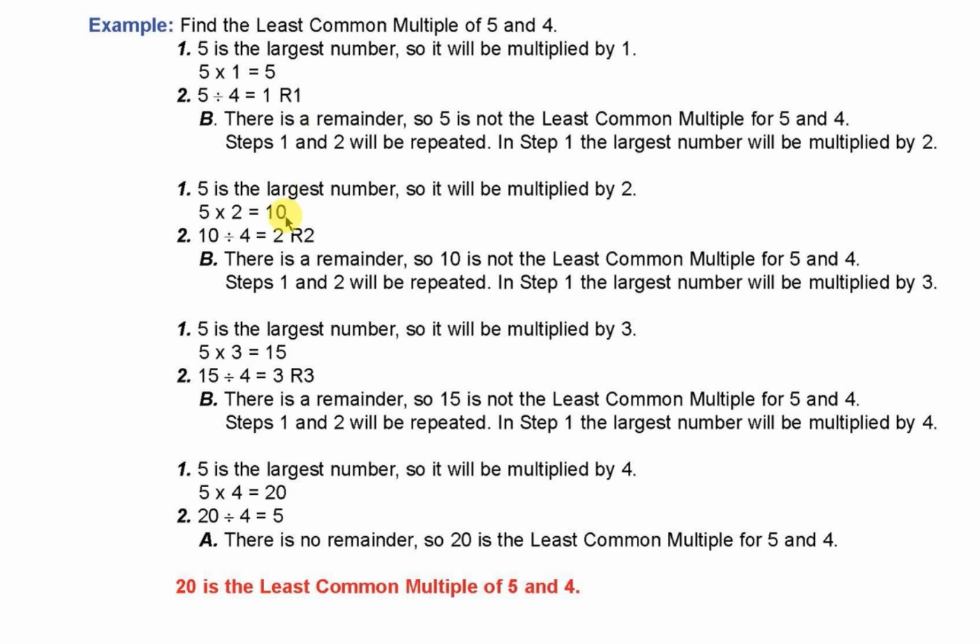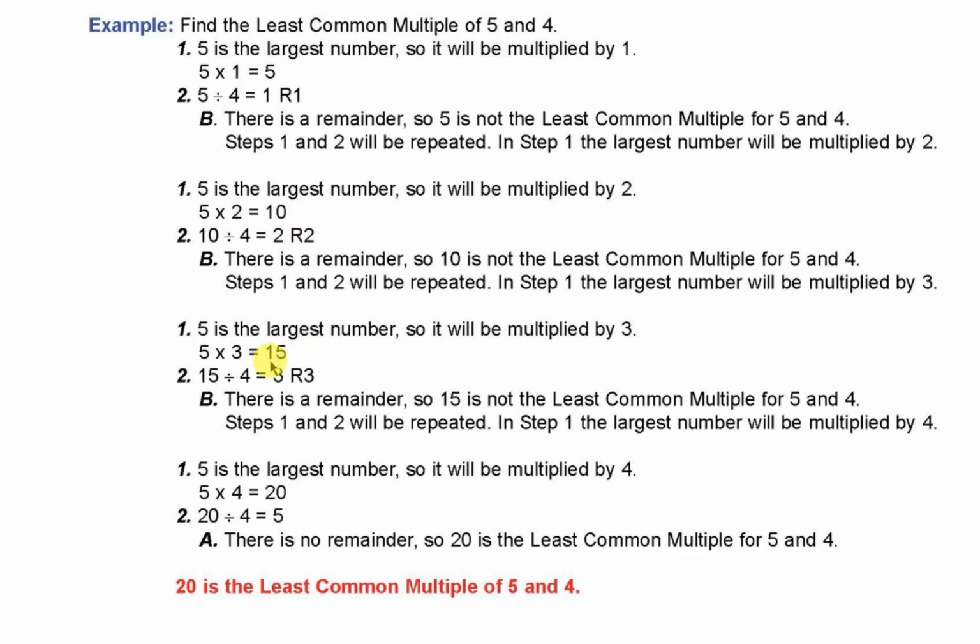Next, we get a multiplication result of 10. When we divided 10 by the smaller number, we get a remainder of 2. Therefore, 10 was not the least common multiple.